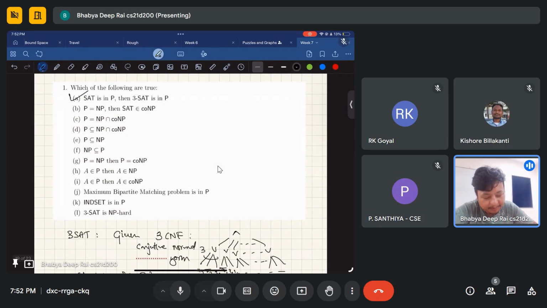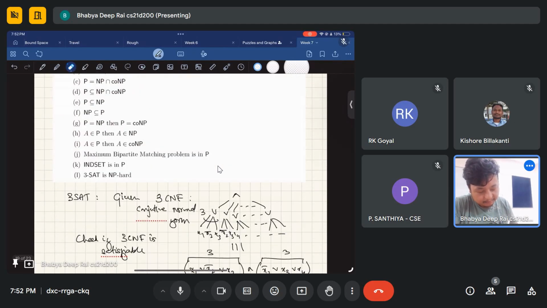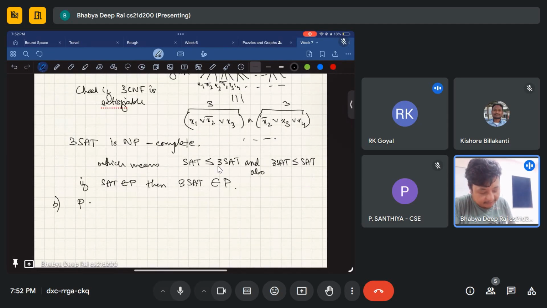Okay, if P equals NP, then SAT is in coNP. Is it true? Okay, this is A. Now what is B saying? Yes, it is true. Then SAT is in coNP.